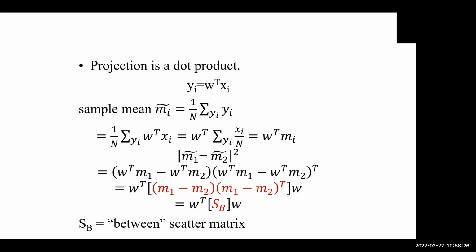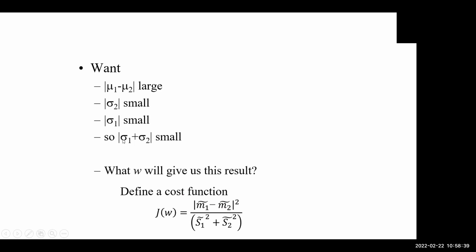So in order to separate those means as much as we can, calculate this, and this is our metric we're trying to maximize. And because we want these to be small, we're going to take the ratio and say we can maximize this cost function if the numerator is big and the denominator is small.